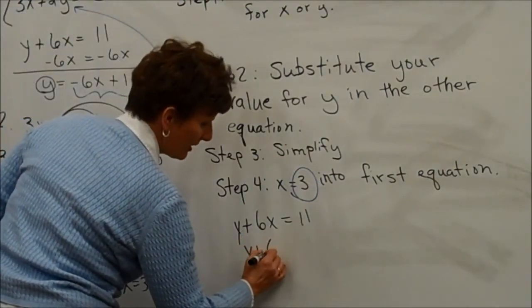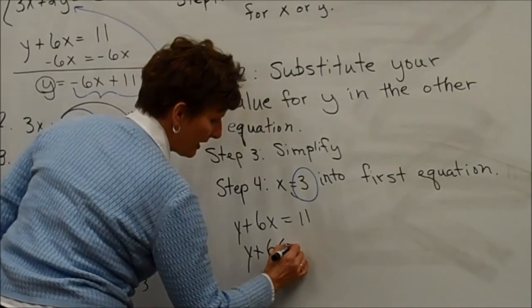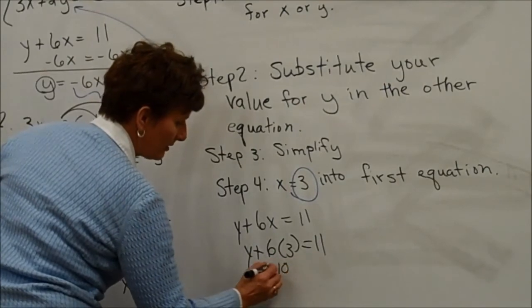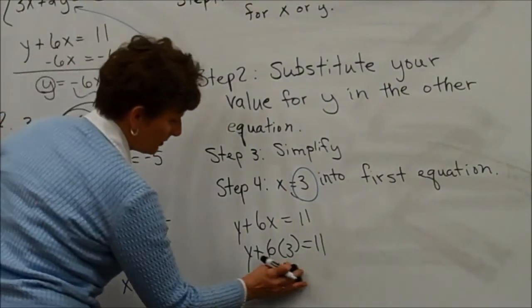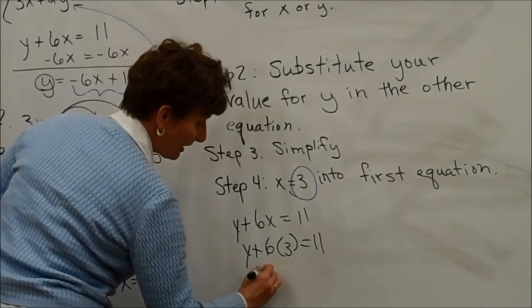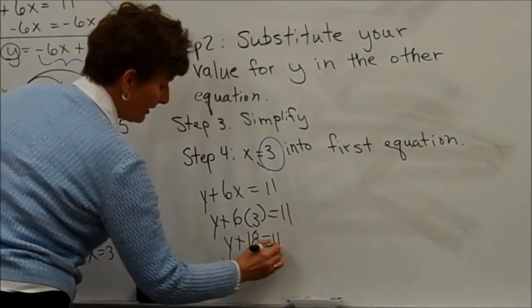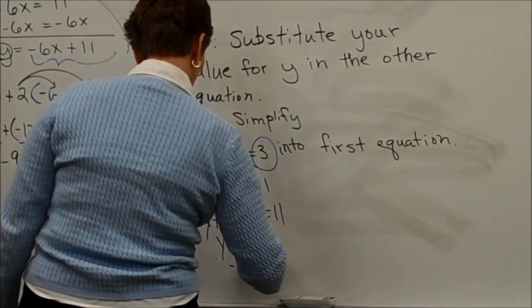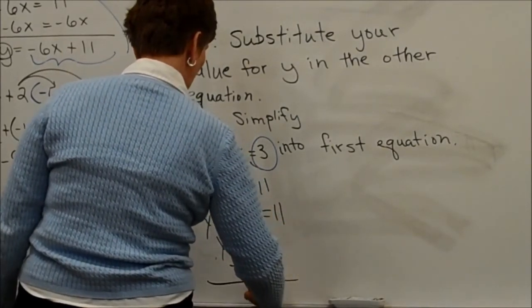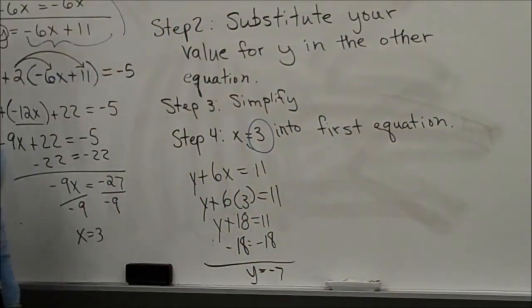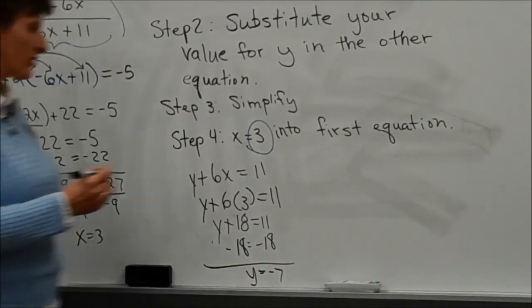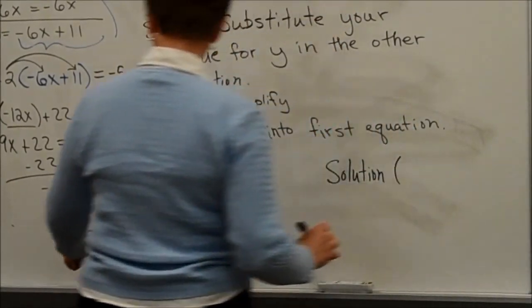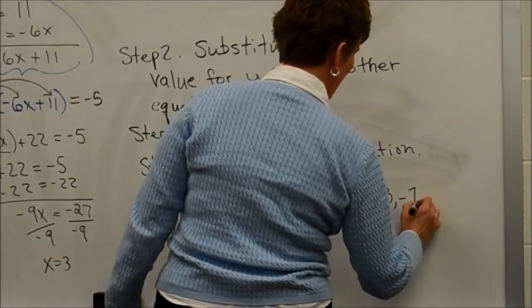So I write y plus 6 times 3 equals 11. Y plus 18 equals 11. And when I subtract 18 from each side, I get y equals -7. Now, if I've done this correctly, I know that my solution is the ordered pair 3, -7.